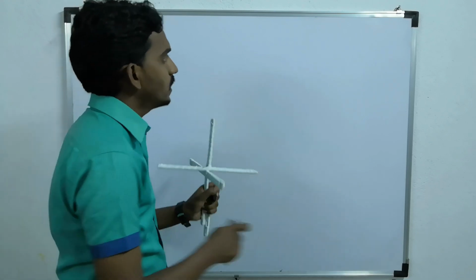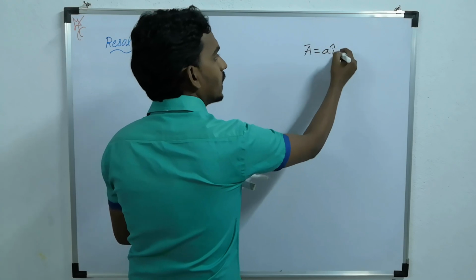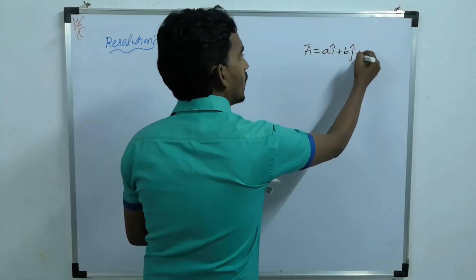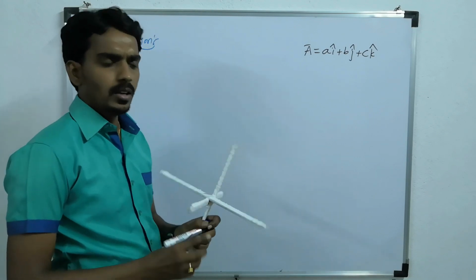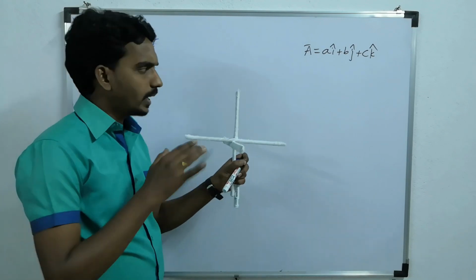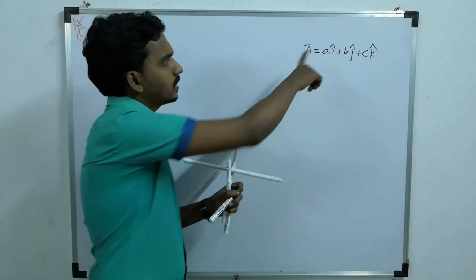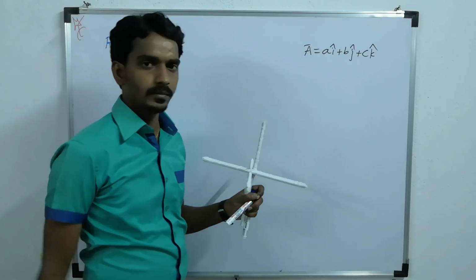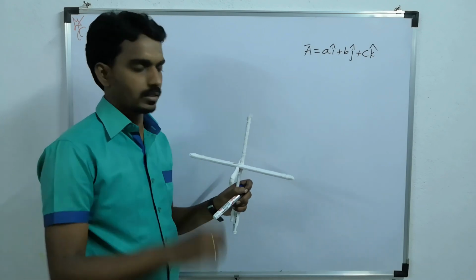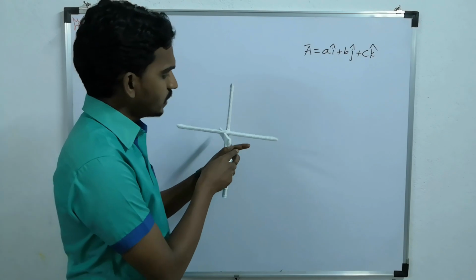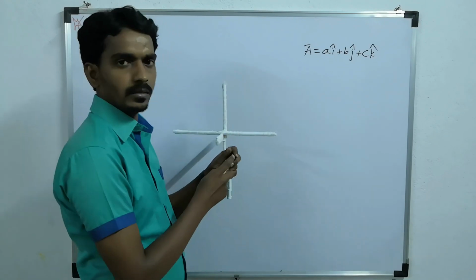That's why the general representation of a vector is a i cap plus b j cap plus c k cap. But usually we get questions in only 2 dimensions. This is 3 dimension; most of the time we get only 2 dimension. Consider this is x, this is y.